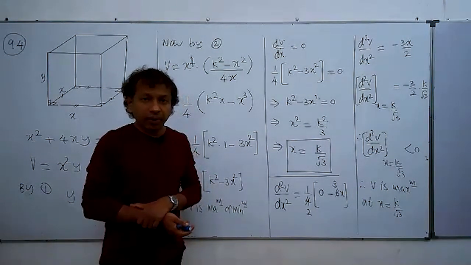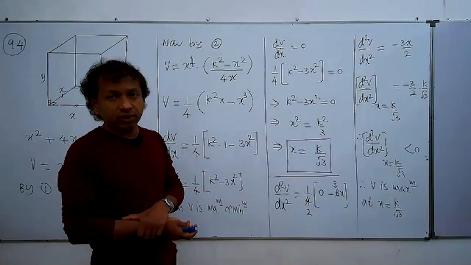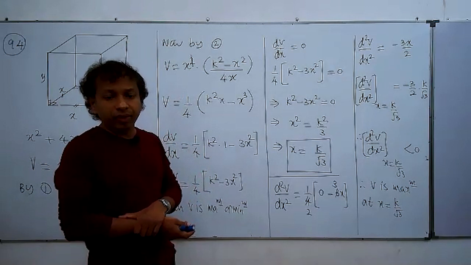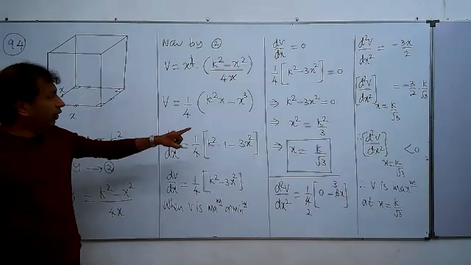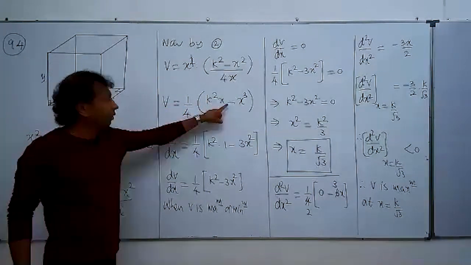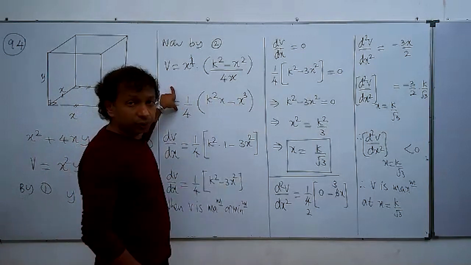Okay. Now our answer, we need to find the greatest volume, the maximum volume. How to find that, people? That found x value, we have to substitute here and here. Then we get v corresponding to that x value.